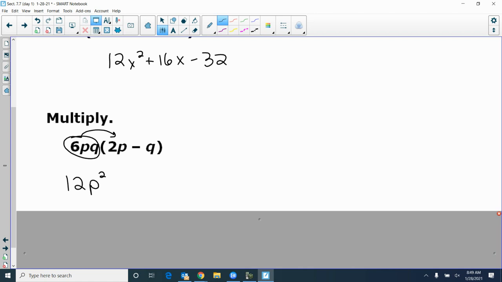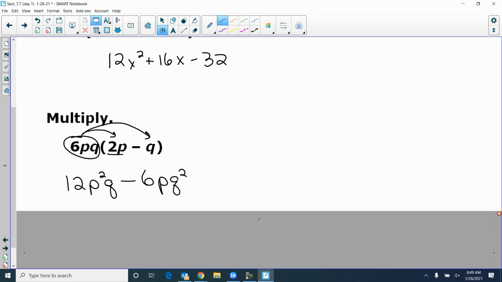Minus q to the second power. Well, one thing I didn't finish, you gotta throw in a q there. So they got 6pq times 2p will give you 12p squared q minus what, Colin? Q. Don't forget, you also have to have the 6. And then you also have to have the p. And now you got q squared. You can't drop them. Okay?